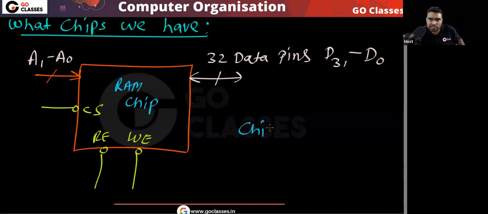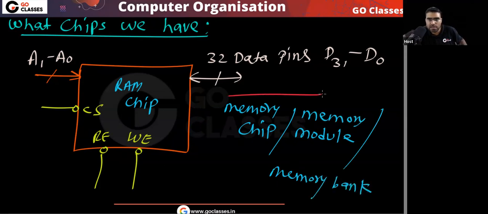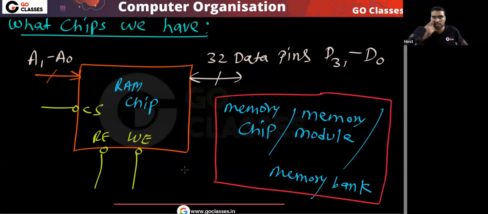Now let me tell you that this chip you can also call a memory module. You can call it a memory chip. Some people call it a memory module. You can also call it a memory bank. All these things are the same. Memory chip, memory module, memory bank, all these words are basically the same.